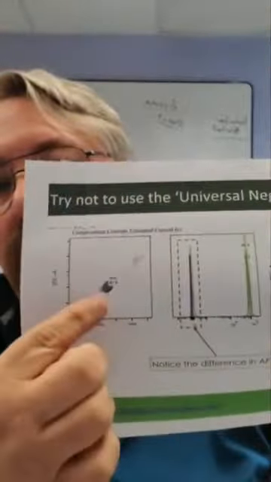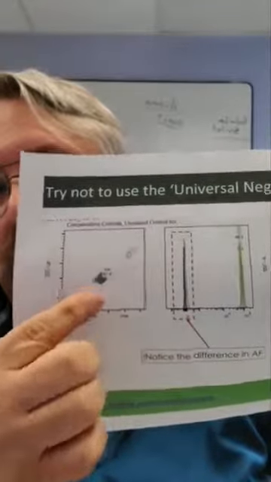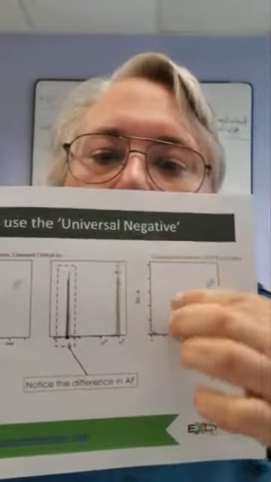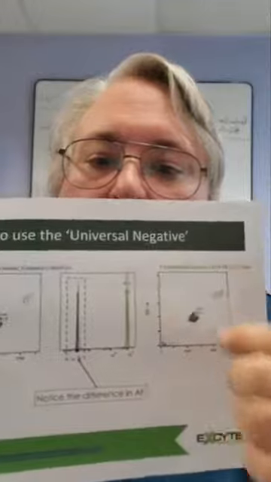Another thing about using the wizard as you're inspecting it is that it likes to use a universal negative. It likes to look for a single tube that is unstained. Here's an example of that case where we have the unstained, single stained, and a universal negative shown here, and we have our positive beads shown on the far right. Again, forward scatter, side scatter.